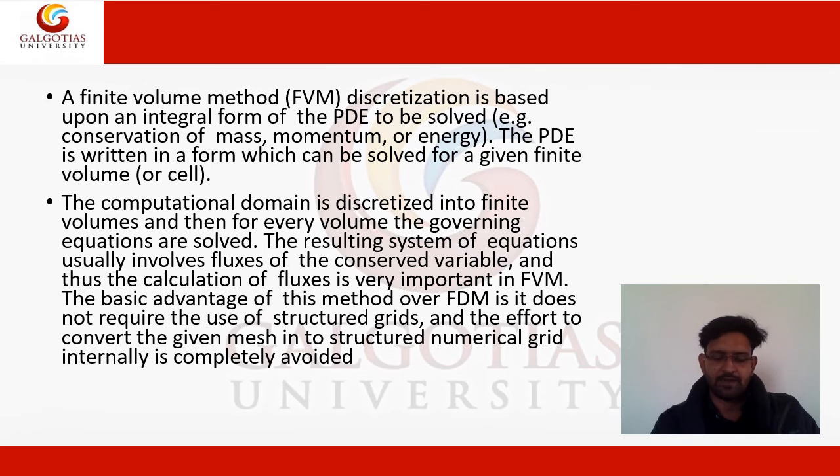The basic advantage of this method over the FDM is that it does not require the use of structured grids, and the effort to convert the given mesh into a structured numerical grid internally is completely avoided, as with FDM. The resulting approximate solution is discrete, but the variables are typically placed at cell centers rather than at the nodal points.